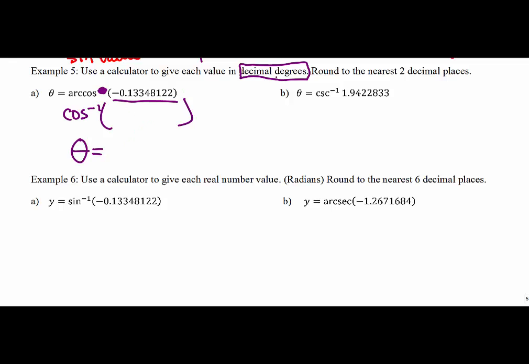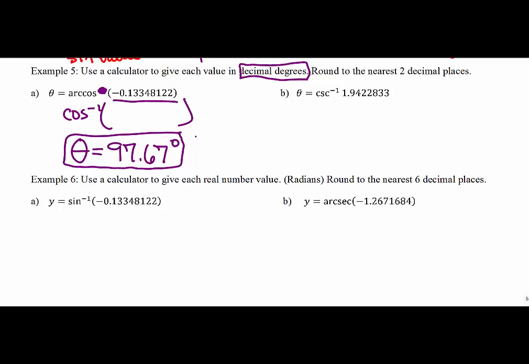And we're going to round to the nearest 2 decimal places. So you should get 97.67 degrees. So this angle theta has a cosine value that we were given here.